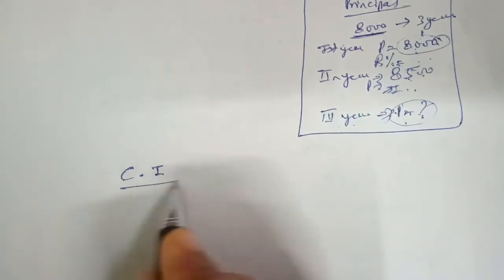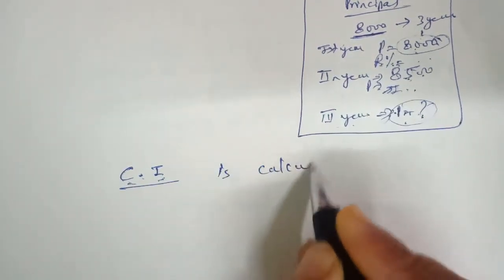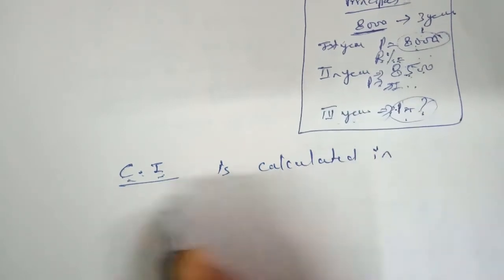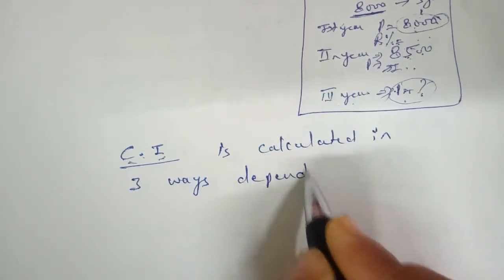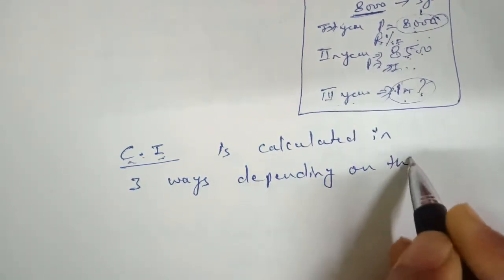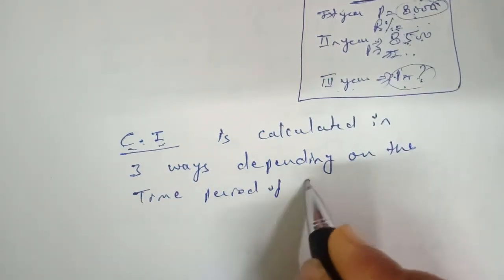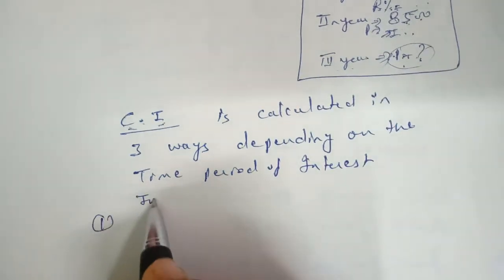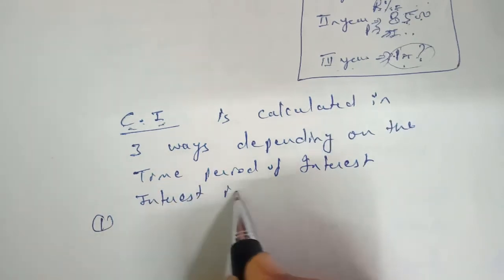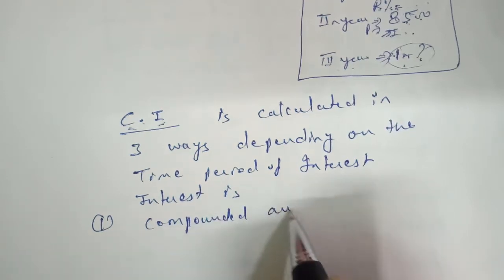Compound interest, written in short as CI, is calculated in three ways depending on the time period. Sometimes it is given that interest is compounded annually.